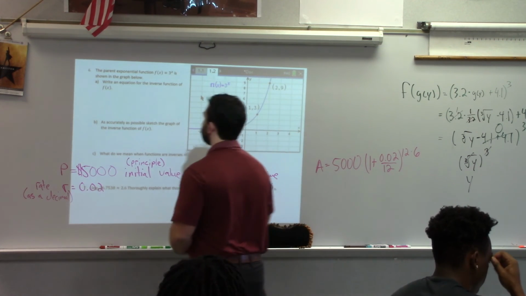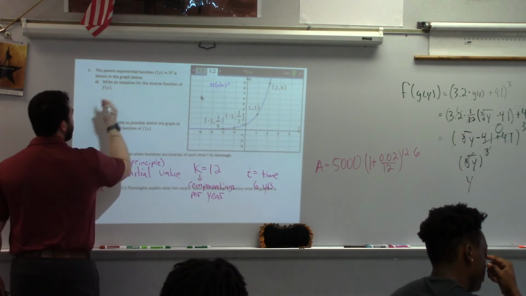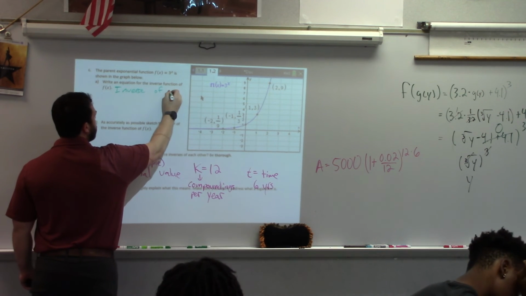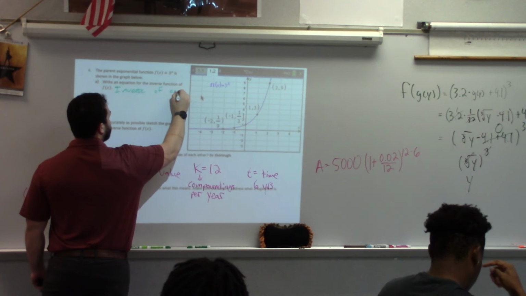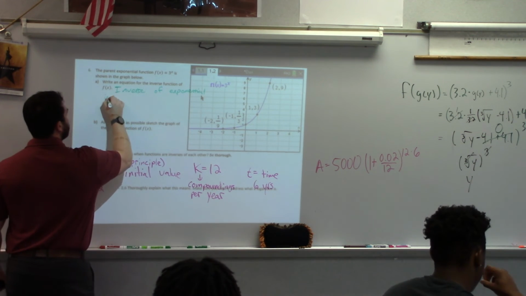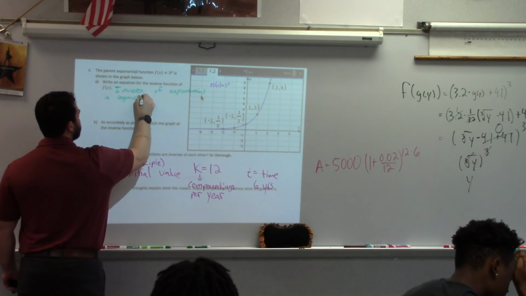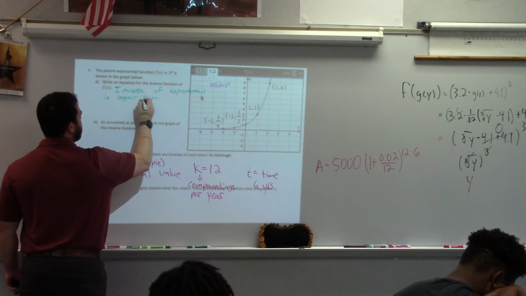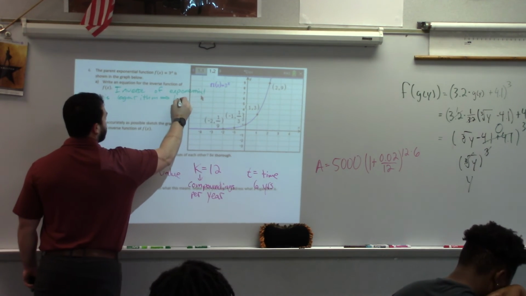What type of function is it? Exponential. So what's the inverse? A logarithm. So like justifying it: the inverse of exponential is logarithm. And what would the base of that logarithm need to be? 3.